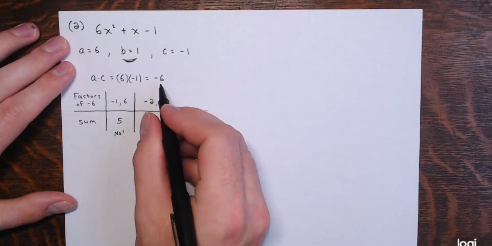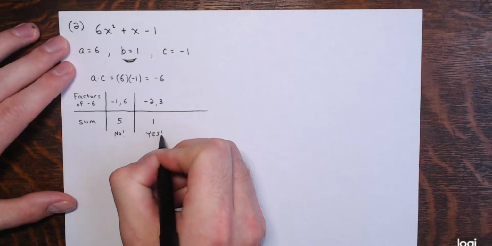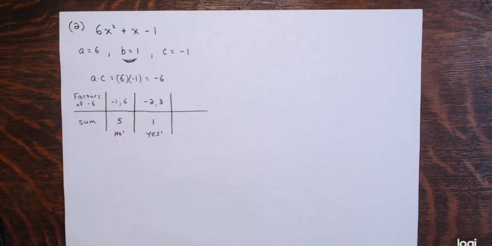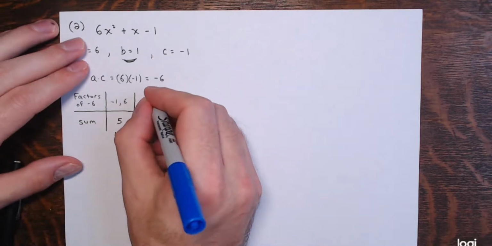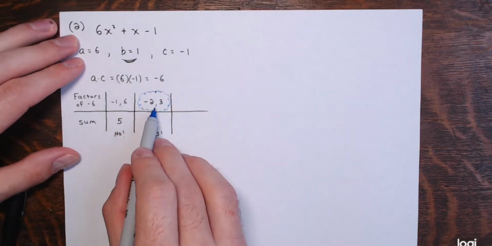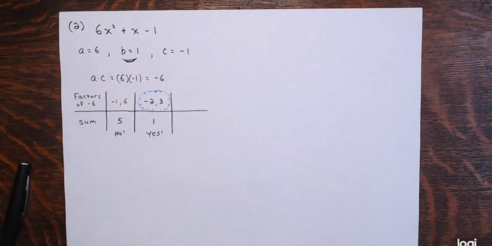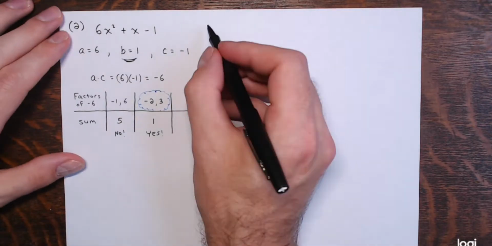Those multiply to be negative 6, and when you add them, you get positive 1. That's exactly what I'm looking for. All right, so this pair of numbers, negative 2 and positive 3, is the pair of numbers that I'm going to use to rewrite that middle term. And here's how.